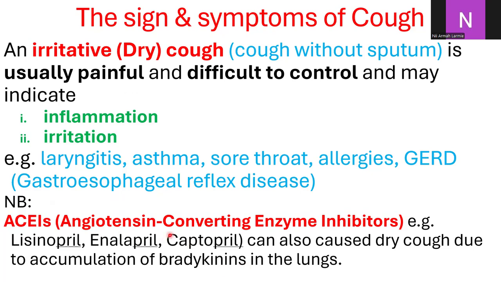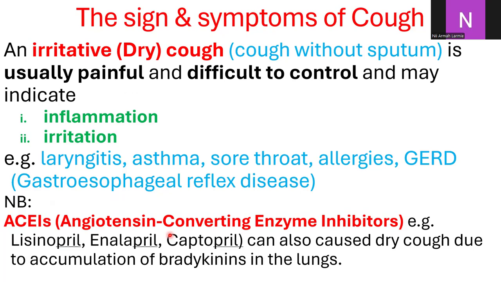These drugs work by inhibiting the enzyme angiotensin converting enzyme. It's been known that these drugs can cause irritative cough or dry cough in some patients. And that is because the enzyme, angiotensin converting enzyme, is also found in the lungs. Once these drugs are administered, angiotensin converting enzymes are inhibited in the lungs.